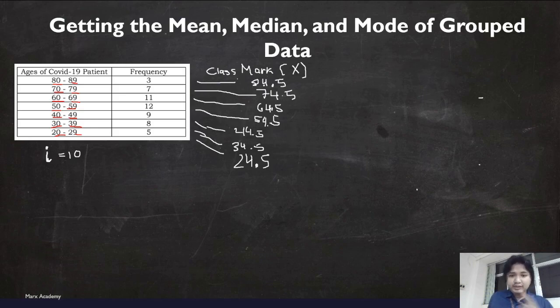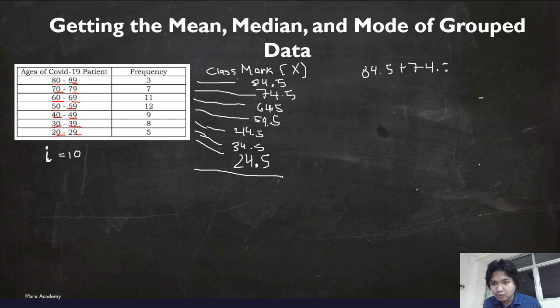We also need to get the total of the class marks, so we add all of them. 84.5 plus 74.5 plus 64.5 plus 54.5 plus 44.5 plus 34.5 plus 24.5, which is equal to 381.5.